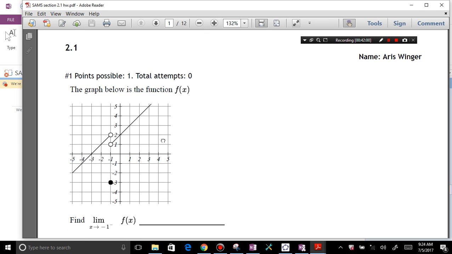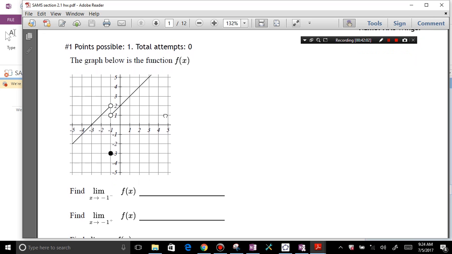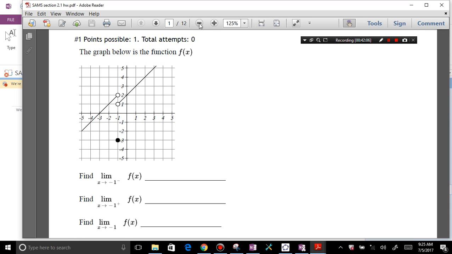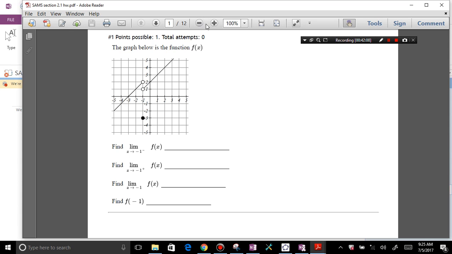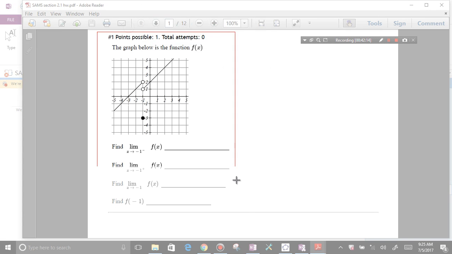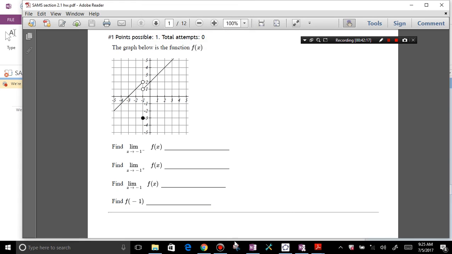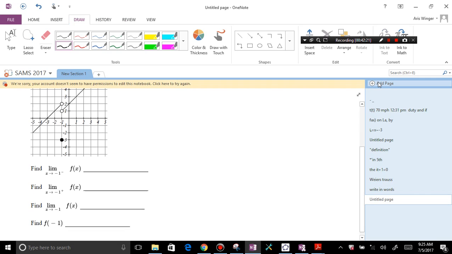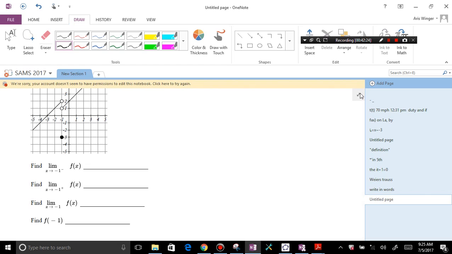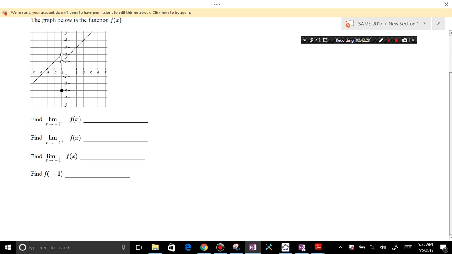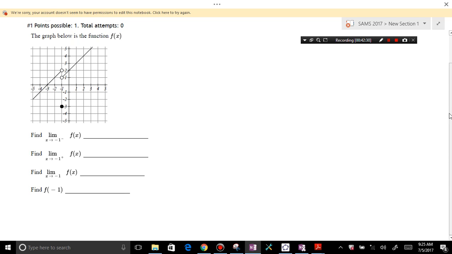Here's a graph. Let me make it smaller. This is a picture of the problem that I wrote analytically earlier. Here's the function f.